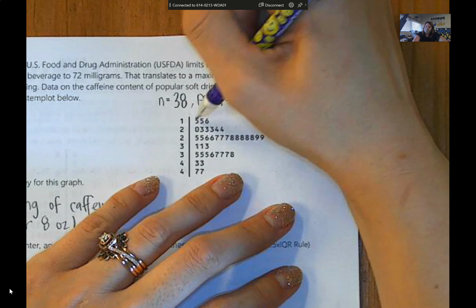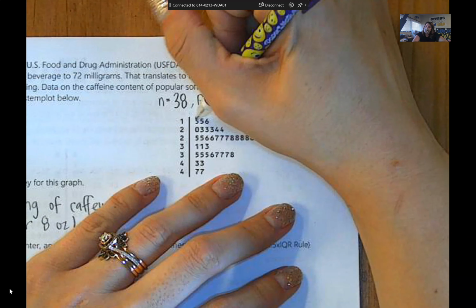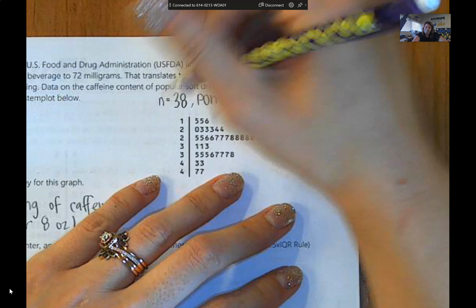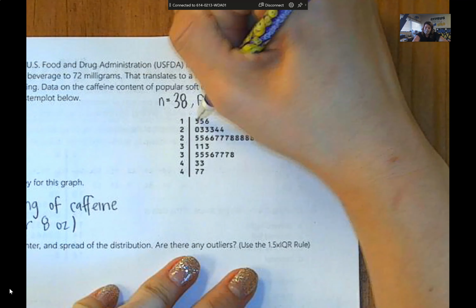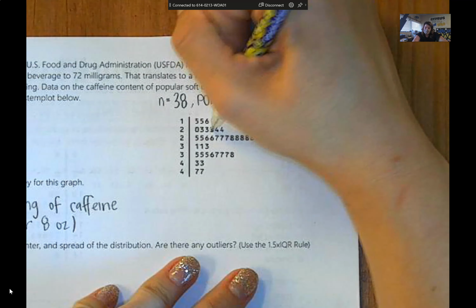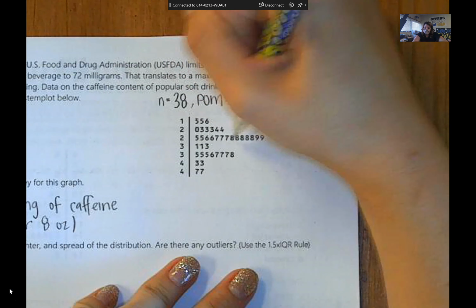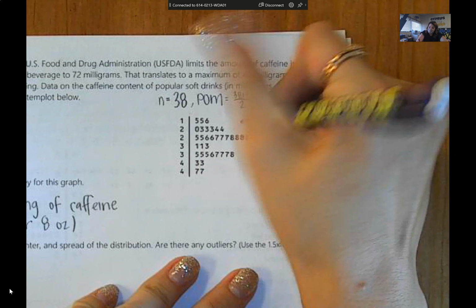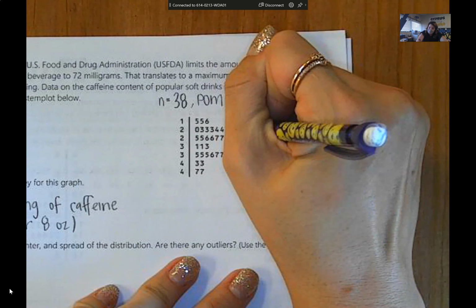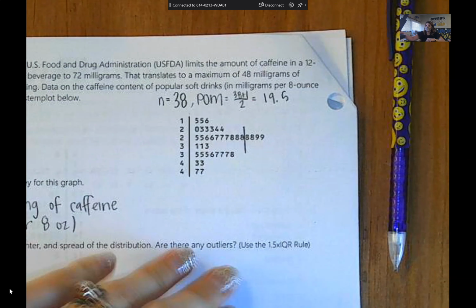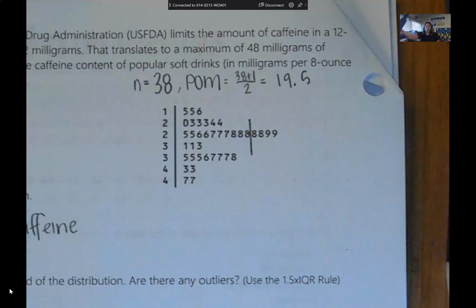So we start on the left-hand side and we count toward the right until we get to the 19th observation. So I'm getting that the median is right after the third 8. Is that what you guys are getting?